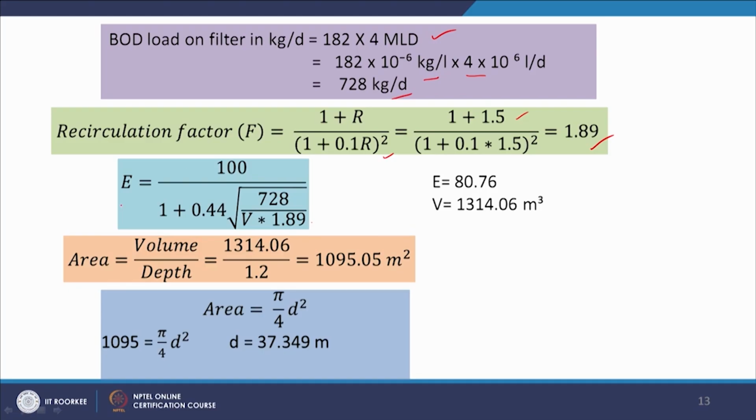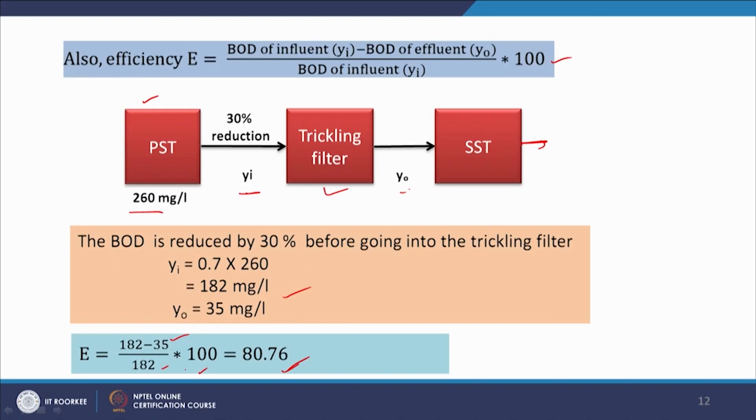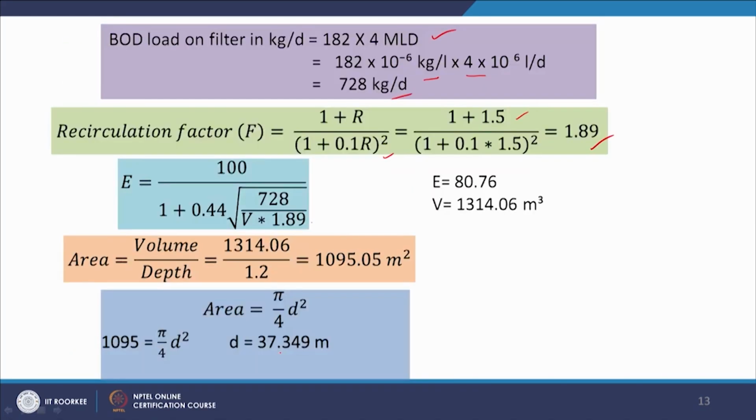Then if we put the E value of 80.76 here and solve, V is coming as 1314.06 meter cube. So, the volume is 1314.06 meter cube. So, what will the area be? Area will be volume by depth. So, 1314.06 divided by 1.2, since the depth is given, gives 1095.05 meter square.